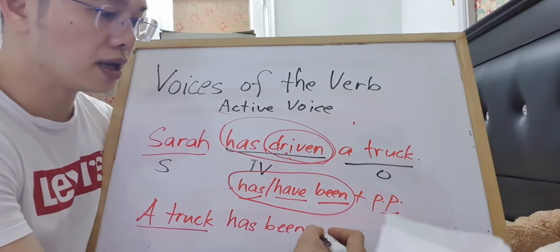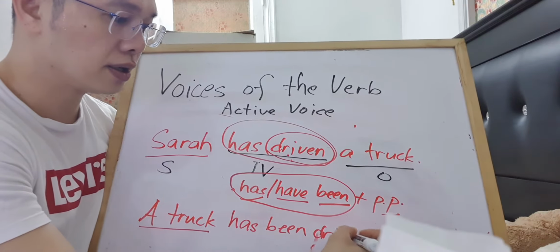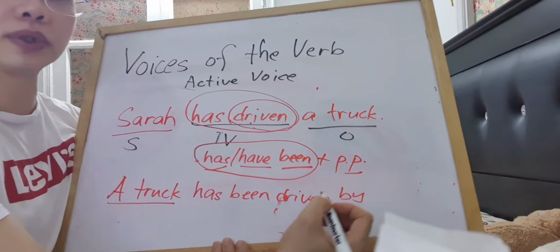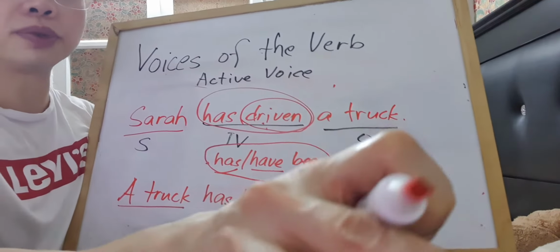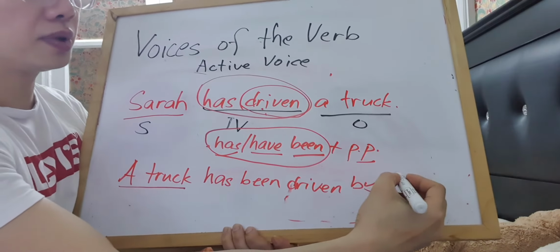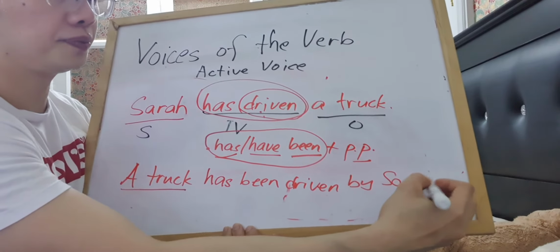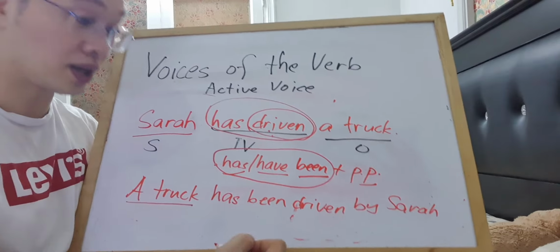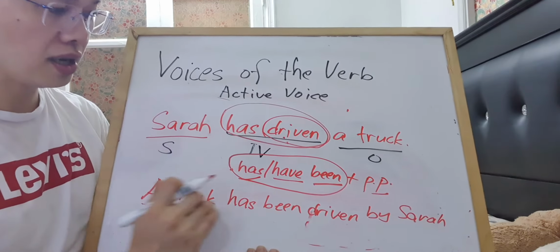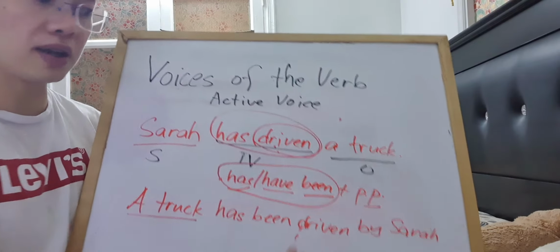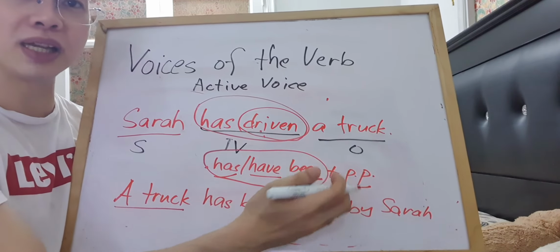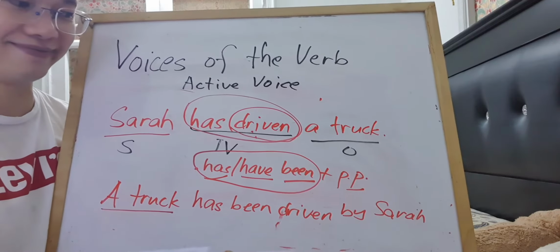Has been driven by, of course, I'm sorry for that, Sarah. All right, you get it? A truck has been driven by Sarah. As simple as that. Only has, have, been plus past participle form.